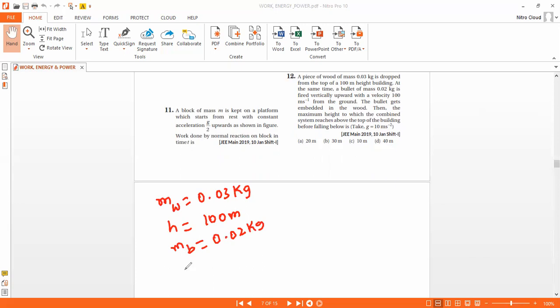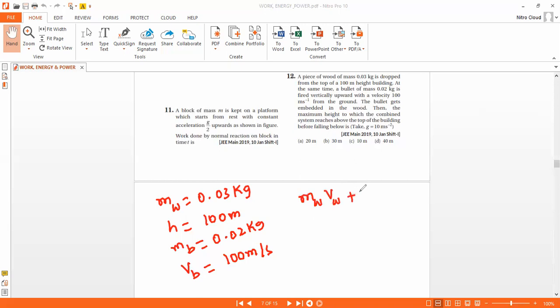This bullet is projected vertically up with a velocity 100 meter per second. The bullet gets embedded, that means this bullet is inserted in the wood, and moves. Then the maximum height to which it is moved. Now I will use, whenever the combined system is moving, momentum is conserved.